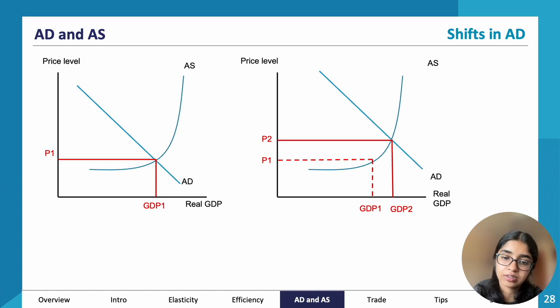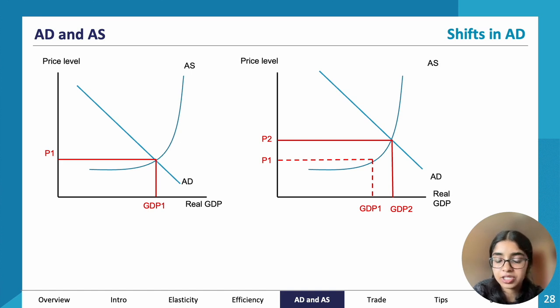So what happens when aggregate demand shifts to the right? First of all, you can see that the price has increased. There's been an increase in the price level, and if that increase in the price level is sustained, so if it keeps happening for a period of time, that results in inflation.